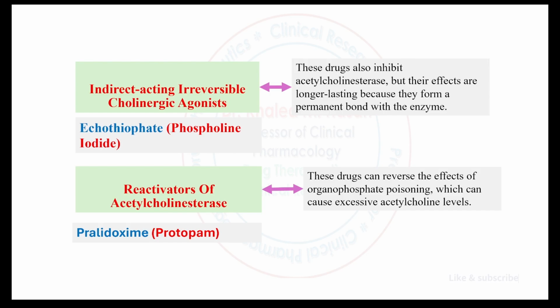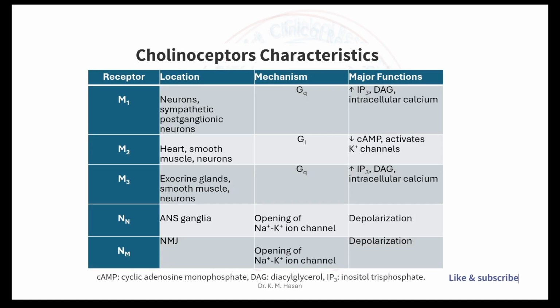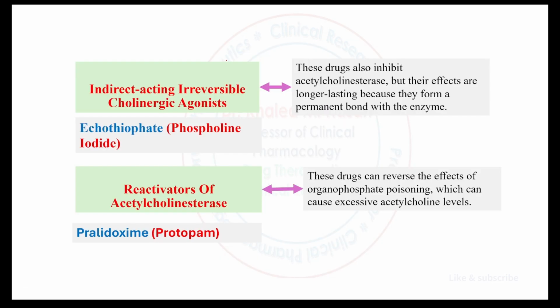Speaking about the indirect acting irreversible cholinergic agonist, we have echothiophate, phospholine iodide. How does this medication work? This medication inhibits acetylcholinesterase, inhibits the enzyme, but its effect is longer lasting and stays for a long time and could be permanent, and this could lead to termination of the enzyme.